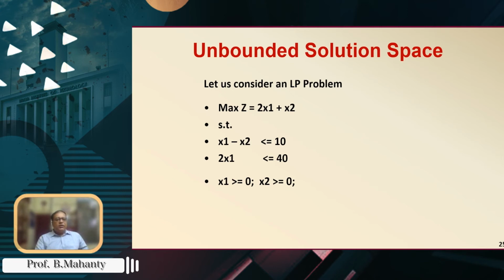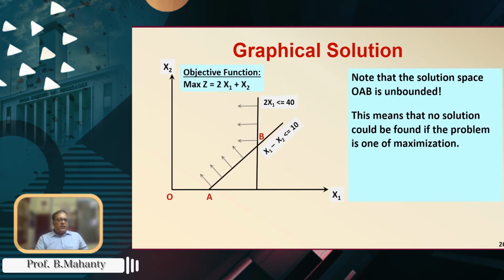If we try to solve this problem graphically and see what kind of solution space we are getting, that is what is represented here. You see this line is 2x1 equal to 40. So this portion is 2x1 less than or equal to 40.